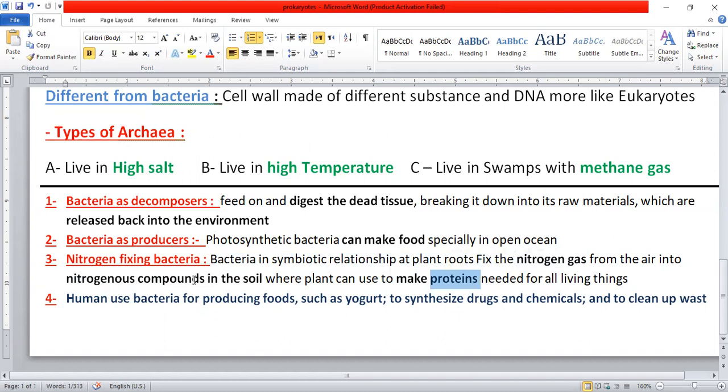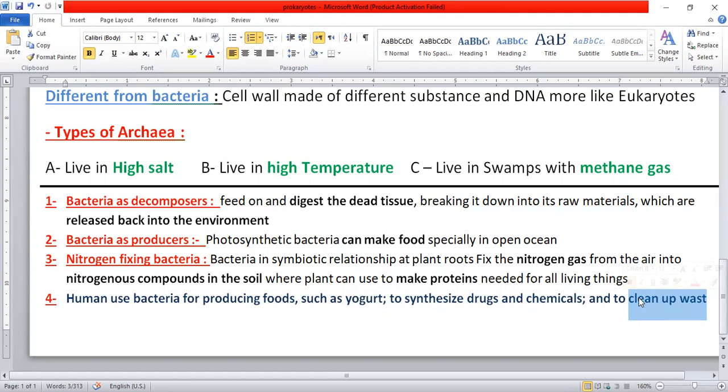Some general uses of bacteria: we use bacteria for making food such as yogurt. We put bacteria in the milk so it turns into yogurt, okay? Some bacteria are used to make drugs like antibiotics, and chemicals. And some bacteria are used to clean up waste, like in the ocean when an oil ship sinks.